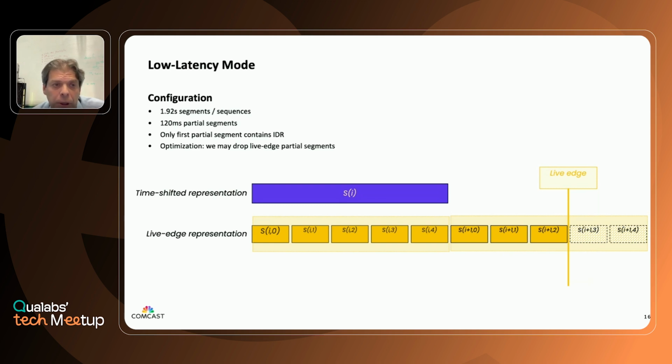The first segment in a sequence starts with an IDR. And we have a normal time-shifted representation that is a little bit behind the live edge. And what we can do is eventually drop the live edge representation segments and only keep the time-shifted ones.